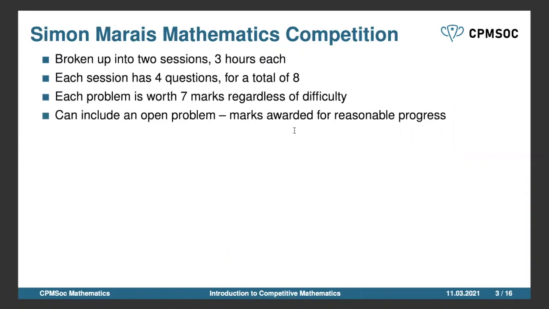So for the Simon-Mirai competition, the questions in each of the 2 papers are usually increasing in difficulty. And the last question has historically been an open problem. That is, it's unsolved by anybody ever.